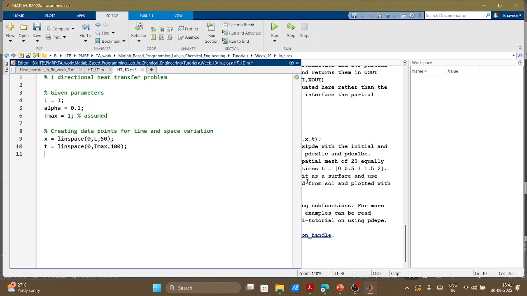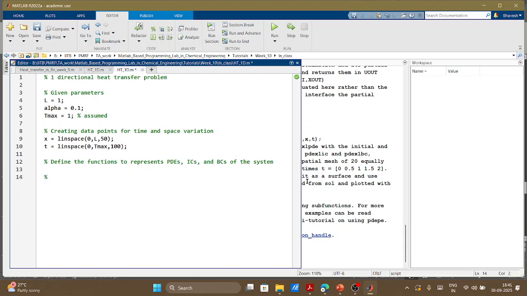Once this is done, now what we have to do is define the functions to represent the PDEs, initial conditions and boundary conditions of the system, right?